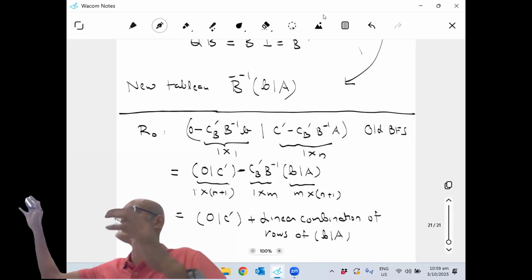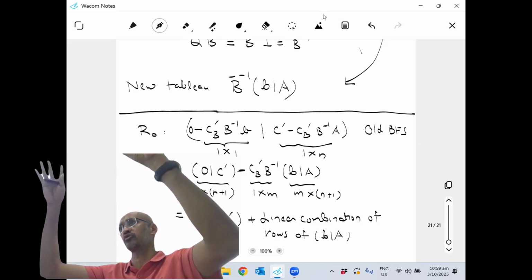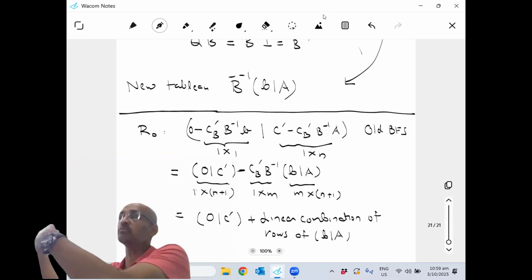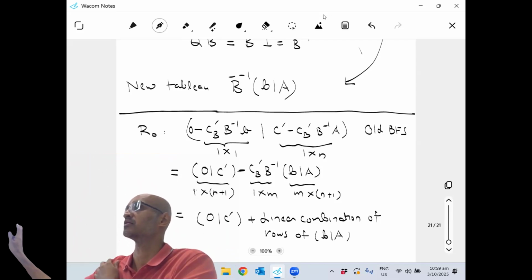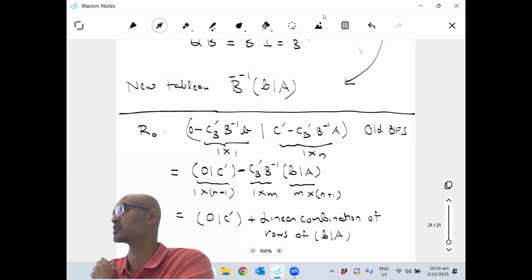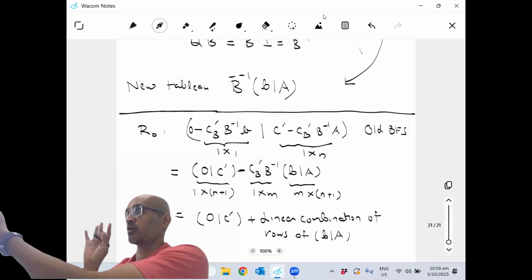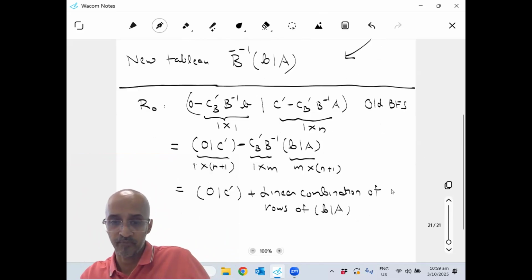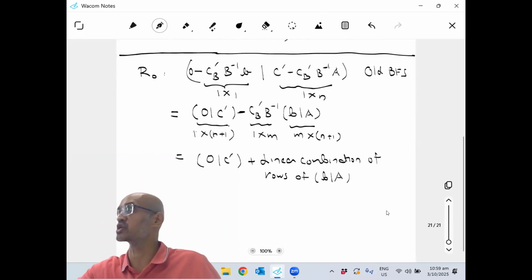So the top row is basically keeping track of the costs, zero, and the original costs plus some linear combination of the rows of B and A. That linear combination is given by this, right? Pre-multiplying a matrix is just row operations. So it's taking a linear combination of this basically.